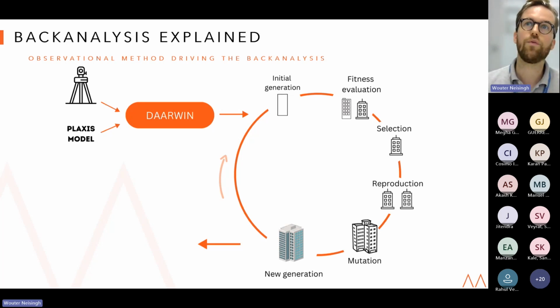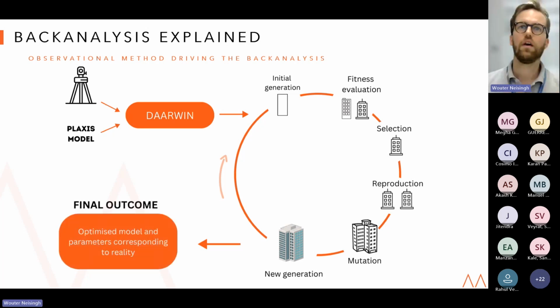Then we see how fit they are, so how well they fit. And ultimately, we select the best performing, let's say 10% of them. We reproduce that, and that forms the input for the new generation that again goes through that cycle. After a certain amount of runs, or after the model is optimized, you have your final outcome, which is an optimized model and optimized parameters corresponding more closely to reality.